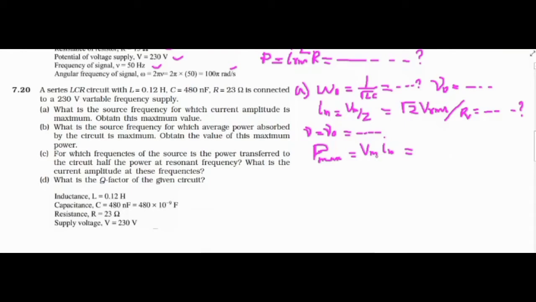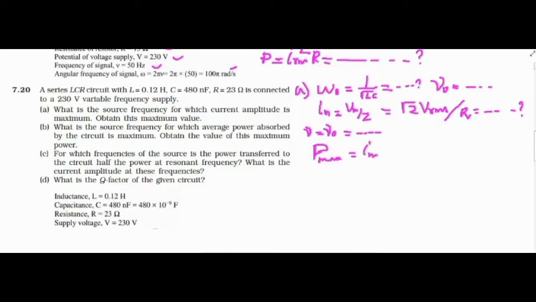Maximum value of power we can calculate directly, because already we have the value of Im.